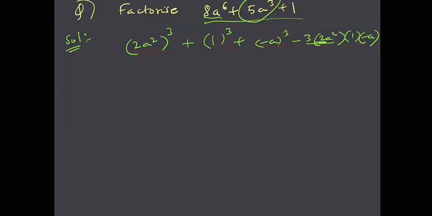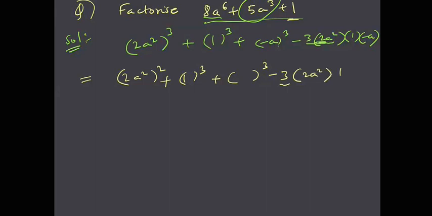Let us see this one more time. So 8a power 6, I have written it as (2a square) whole cube. So I'm writing the same step again. So this is (2a square) whole cube plus 1, I wrote it as 1 cube. Now my idea is to express it as a cube plus b cube plus c cube minus 3abc. This is a standard expression which we have learned. So minus 3 into a is 2a square and one of the terms is b, which is 1, and there should be some c.